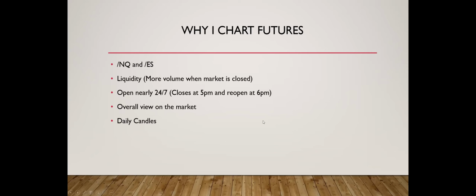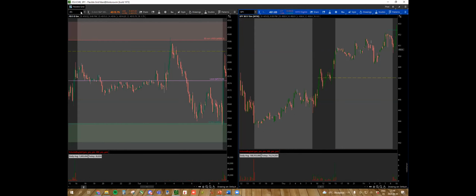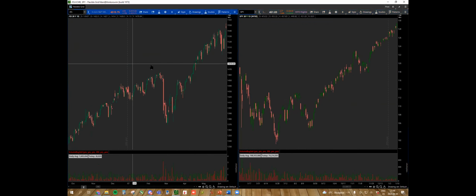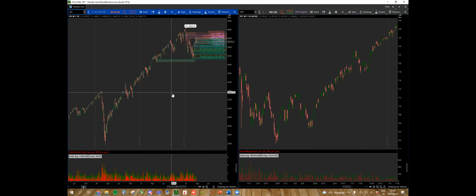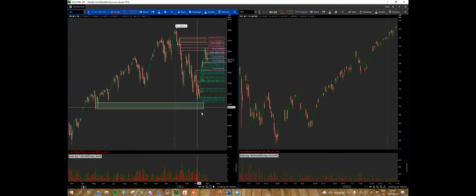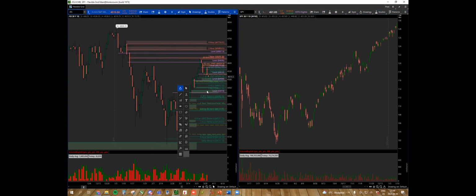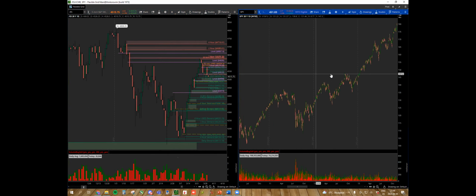Another reason why I chart these is for the daily candles. If I show you the example here, I go on the daily, and the daily here as well. Same thing here.